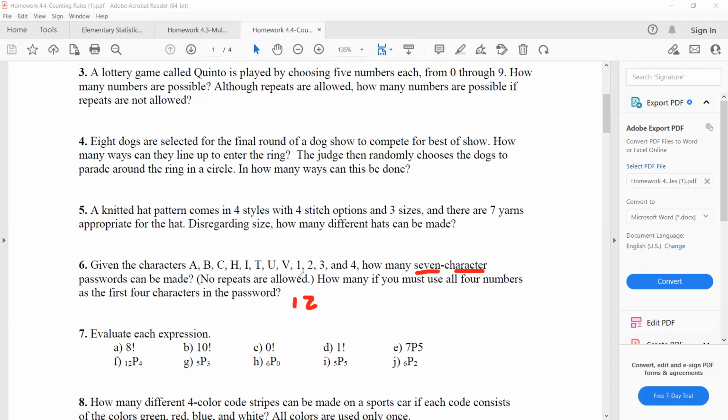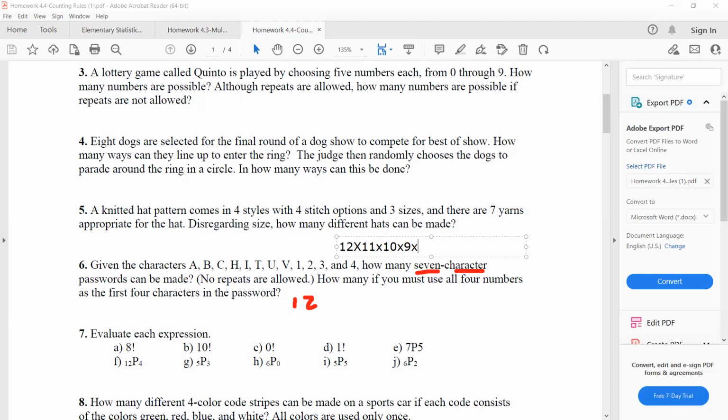One way to write this would be: you're going to have 7 slots, and you could say we have 12 options for the first one, then 11, then 10, then 9, right?